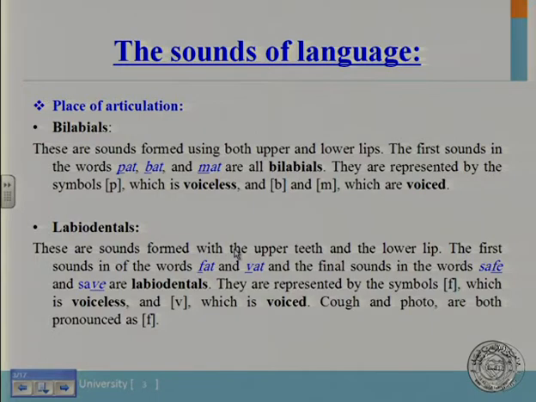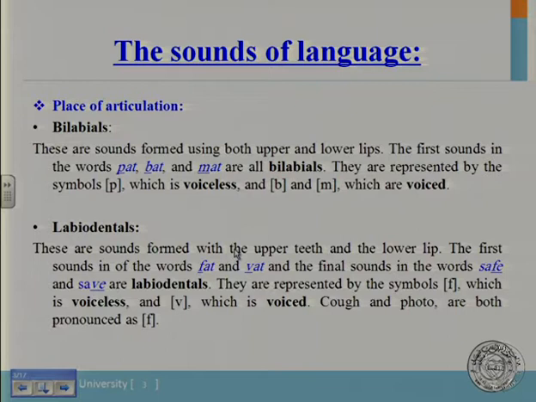These two sounds are called labiodental, and they are represented by the symbol here for f and the symbol for v. Now one of these is called voiceless. Of course, that is f.